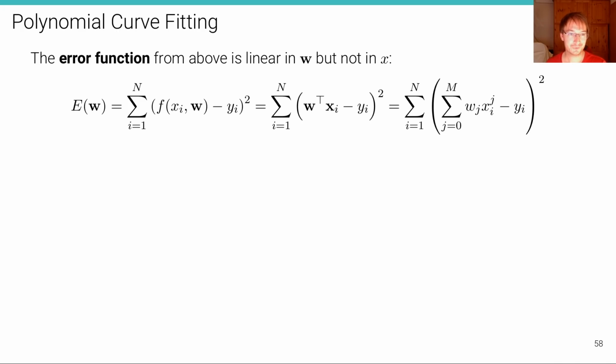Again, it's important to note that this error function is linear in w but not in x. This means with respect to w, we obtain the same problem as before. We have a quadratic problem that has a closed form solution.